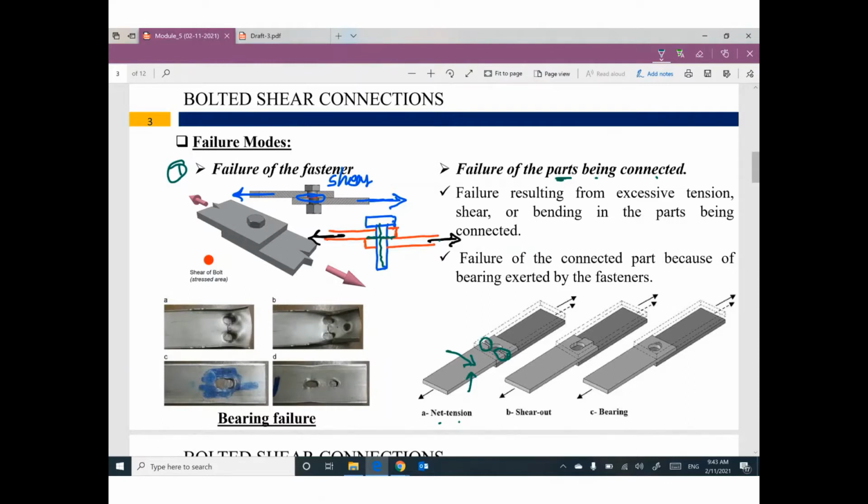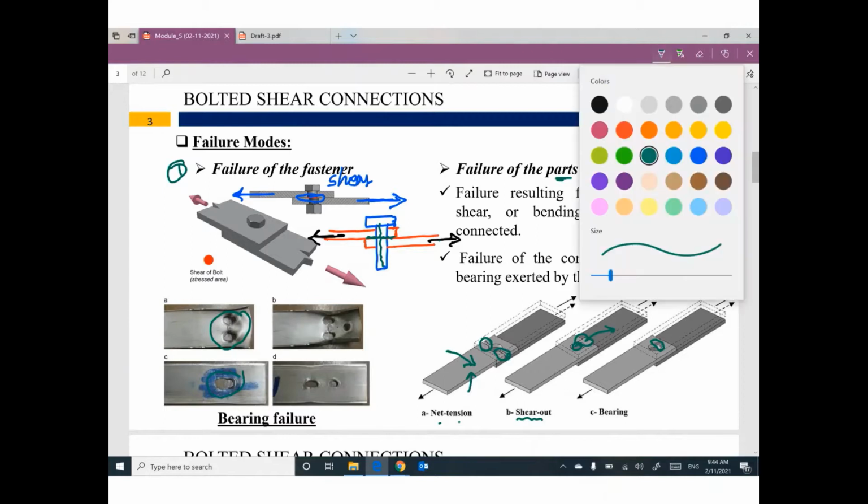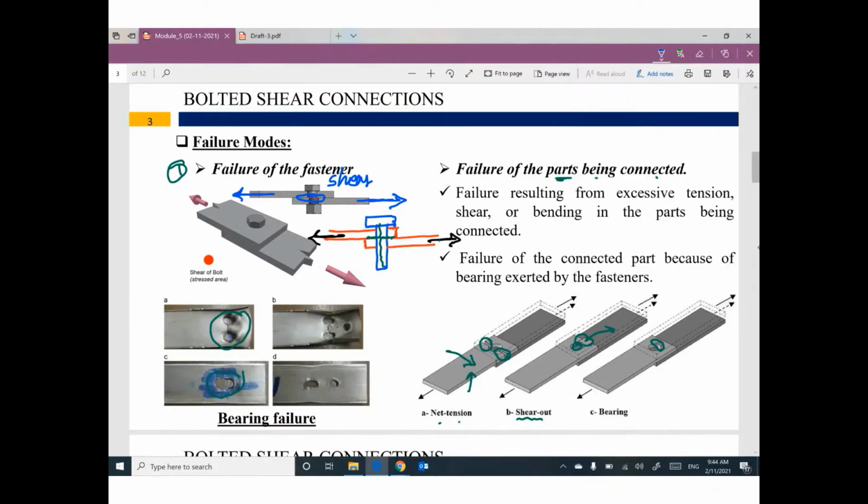Or something called shear out: the bolt is here and will try to get this part of the material out. Or bearing failure. Can you see the bearing failure? Something like this or like this. We have bearing between the bolt and the surrounding material, so we can expect bearing failure.